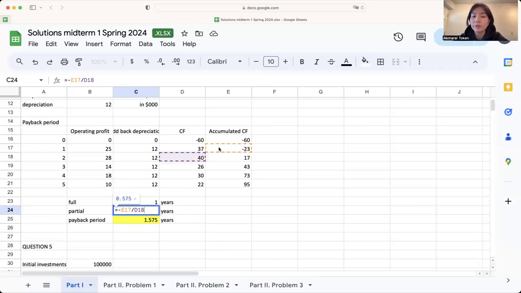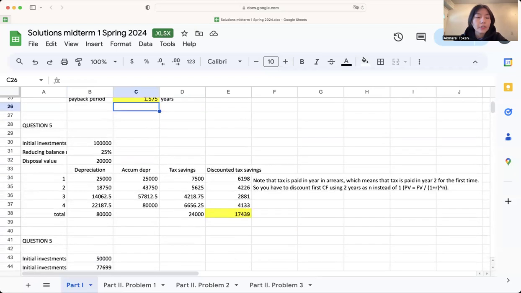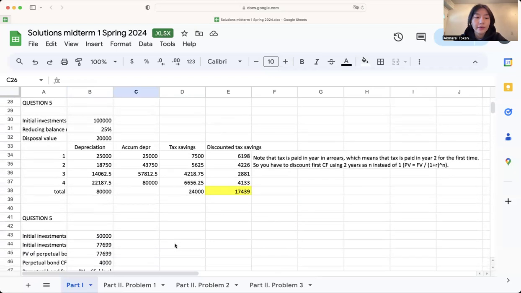Accumulated cash flow is a sum of all the preceding cash flows. So 23 divided by upcoming positive cash flow, which is 40. The result is 0.58. And the final number is a sum of full years and the partial years, which is 1 plus 0.58, which gives us 1.58.